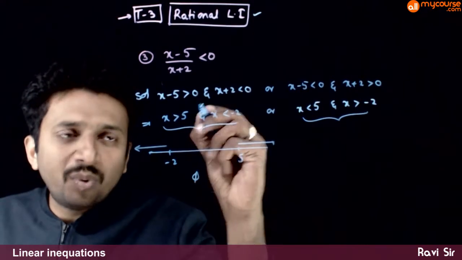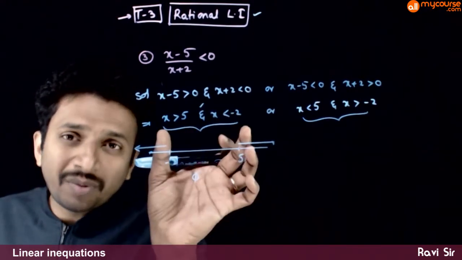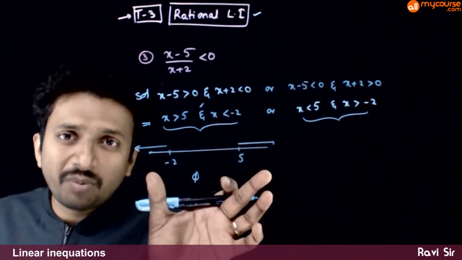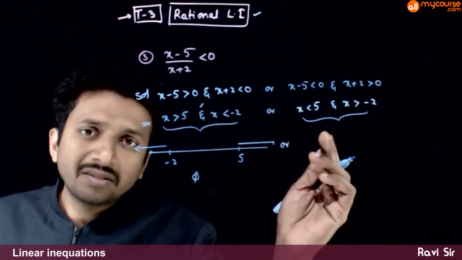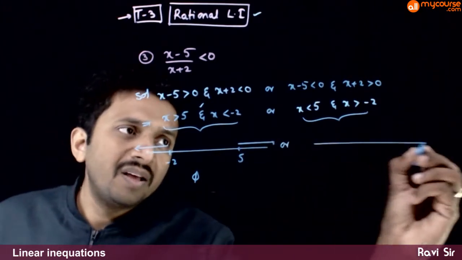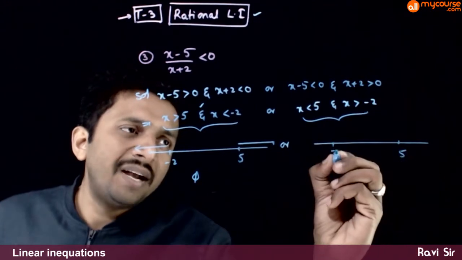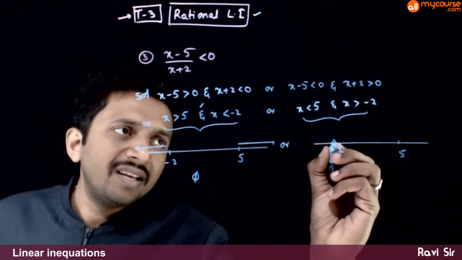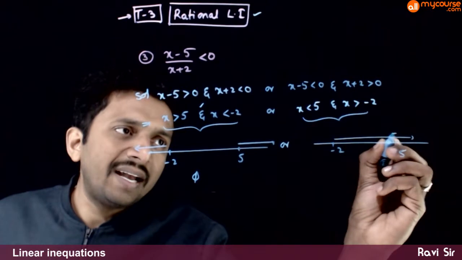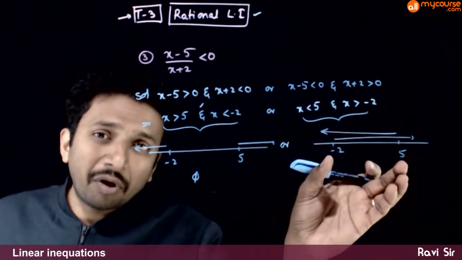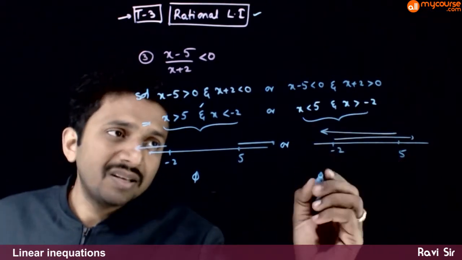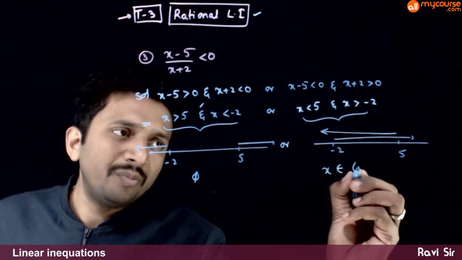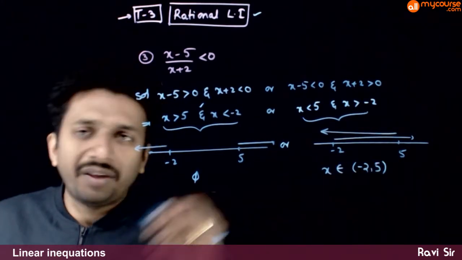Because you have an AND, both of them have to happen, both of them have to get satisfied, so there is no common interval. Or, if you take the second one, 5 and -2, so x is greater than -2 and less than 5, so you have a common solution, that is x belongs to (-2, 5).